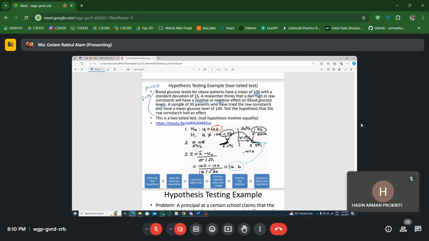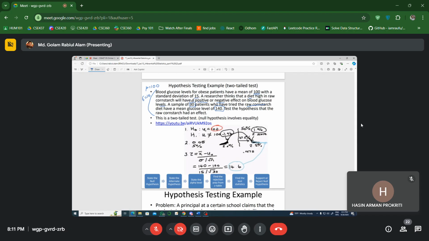For that reason, the researcher collected a sample of 30 patients who have tried the raw corn stress and have a mean glucose level of 140.